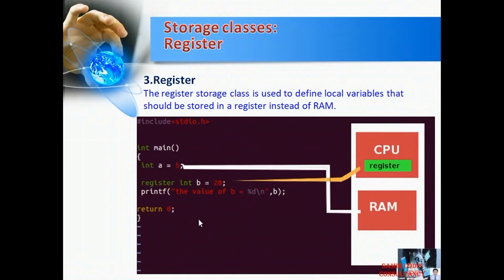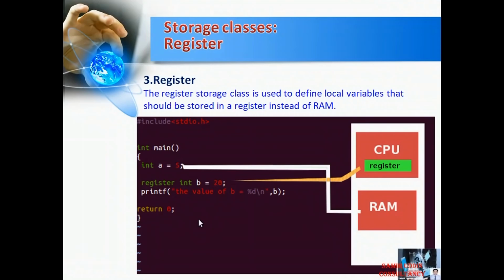Now let's talk about the register keyword. Register is used to define local variables that should be stored in a register instead of RAM. This means that the variable has a maximum size equal to the register size. Because a register variable is faster than a normal variable.